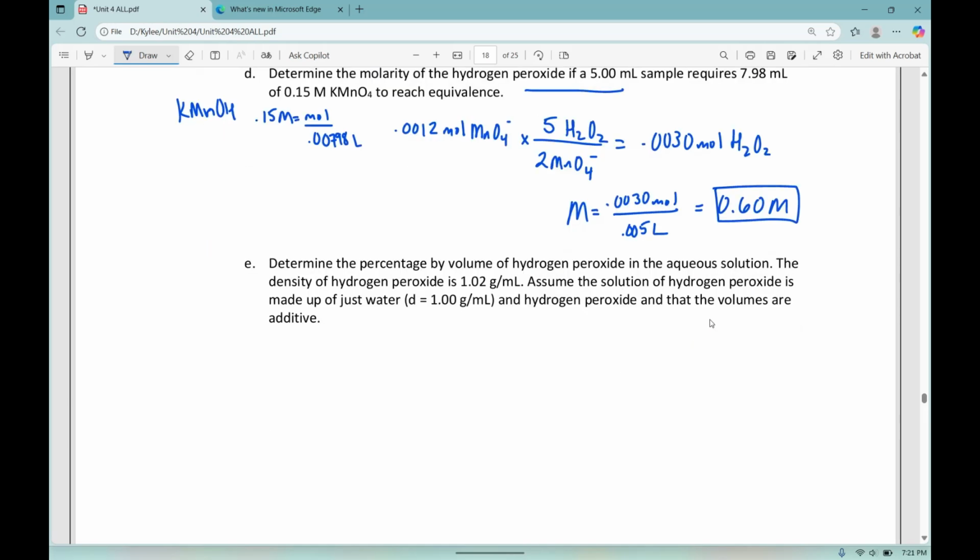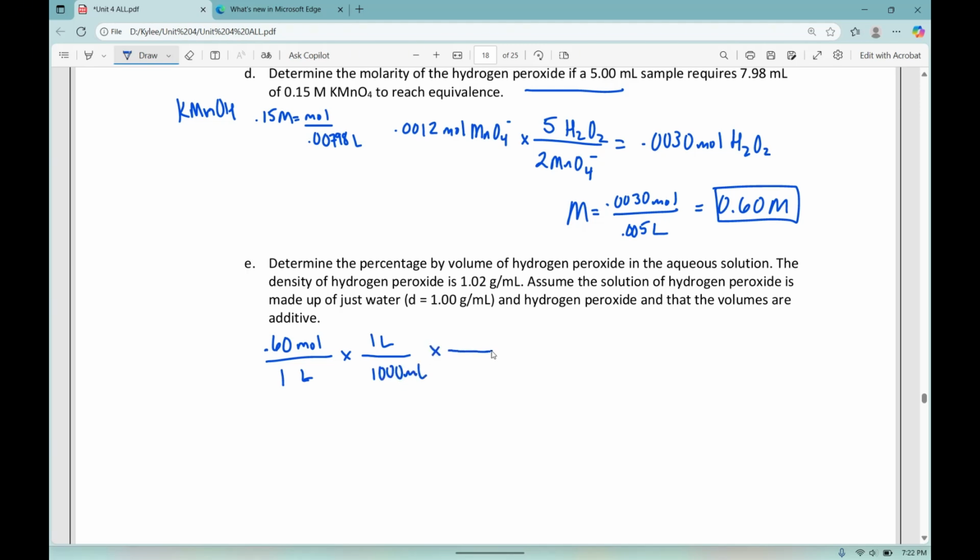Next, final problem here for this section, they want us to calculate the percent by volume of hydrogen peroxide in aqueous solution. And it gives us a density that says 1.02 grams per milliliter for hydrogen peroxide. So it's essentially a giant unit conversion. If I know that my molarity is 0.60, that's moles per 1 liter, then I know that 1 liter is equal to 1,000 milliliters.